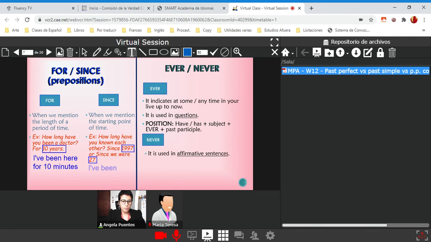I've been here since 7 a.m. Okay, so you see what is the difference? Here we are using 10 minutes because it's a period of time, but here I'm using since 7 a.m. Desde, específicamente desde, okay?